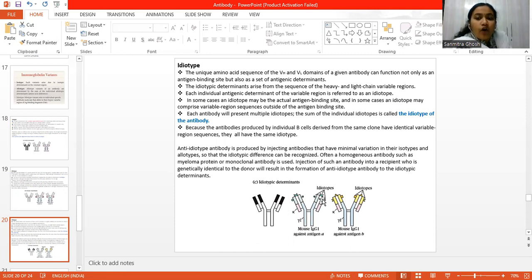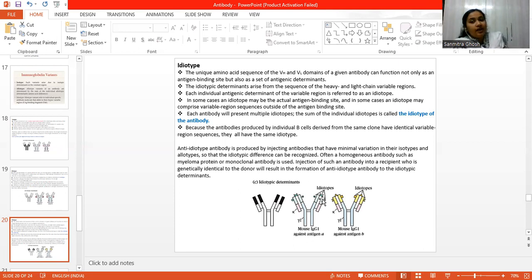So often a homogeneous antibody such as a myeloma protein or a monoclonal antibody is used, because that will be highly specific. And injection of such an antibody into a recipient who is genetically identical to the donor will result in the formation of anti-idiotope antibody, because here only a single type of epitope is being identified, with the help of this monoclonal antibody, on the idiotypic determinant.